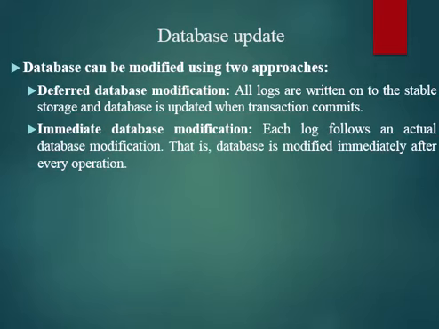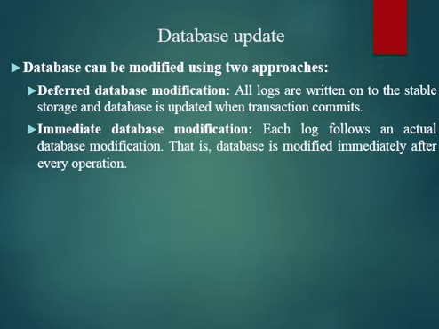The delayed one is called deferred database modification. Suppose a transaction updated some data item, the update is reflected only in the main memory, and only after a certain interval of time the update will be moved into the secondary memory. That type of update is known as a deferred database update. For some minutes the updated data is held only inside main memory, and after a few minutes it is transferred to the permanent database.